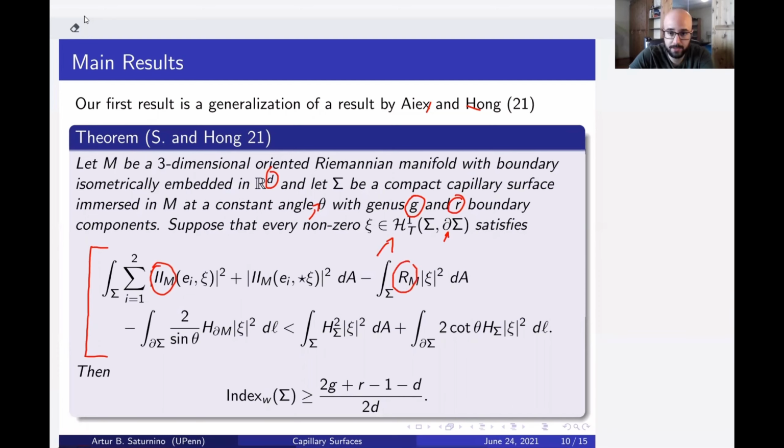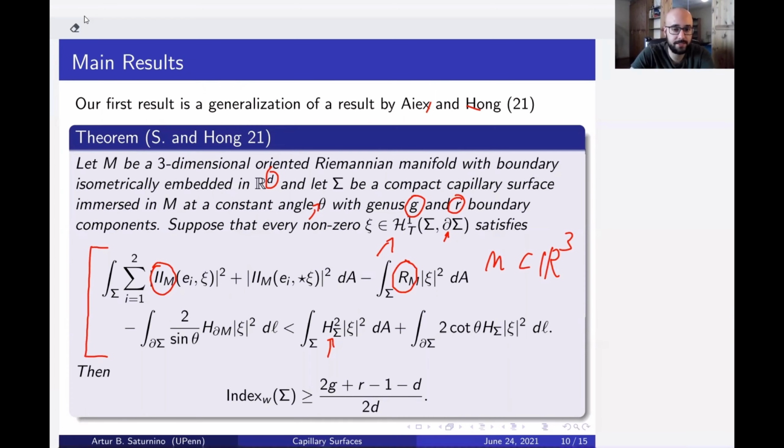Rm is the scalar curvature of M. And notice, for example, that this always holds as long as H, the mean curvature of sigma, is large enough with respect to these other values associated to M. Another example where we can verify this inequality is when M is a domain of R3, plus some additional assumptions, of course.